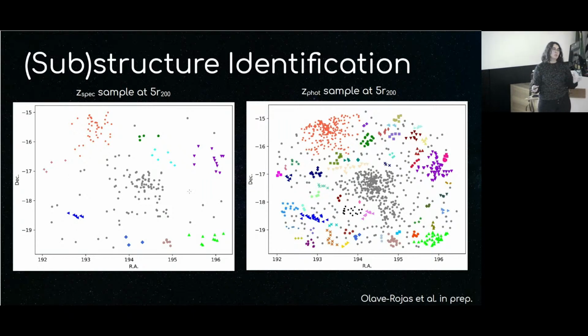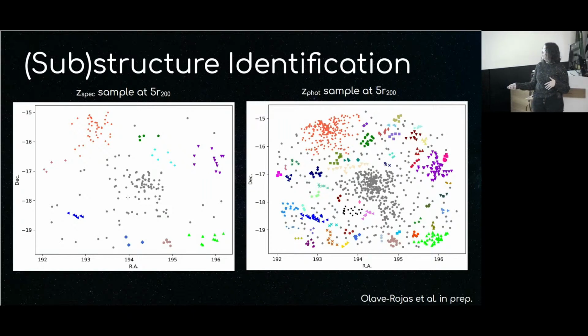In the outer regions, the precision of Calzagos is about 85%, and the completeness of the substructures is 100%. However, when I identify a galaxy within 1 or 200, the precision falls to more or less 70%. However, the completeness falls to around 40%.